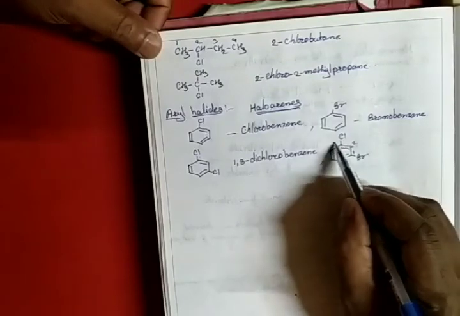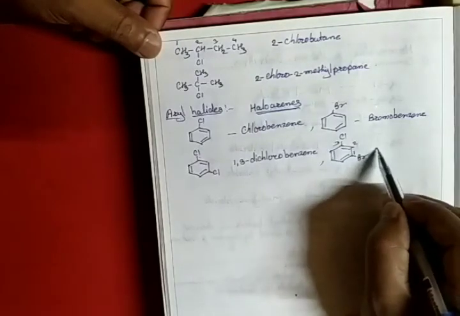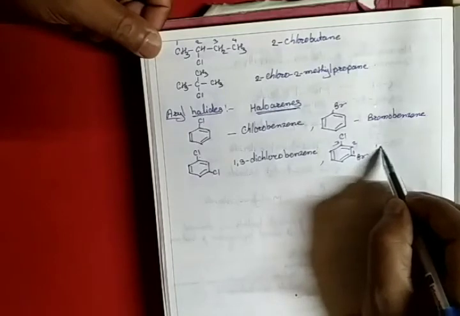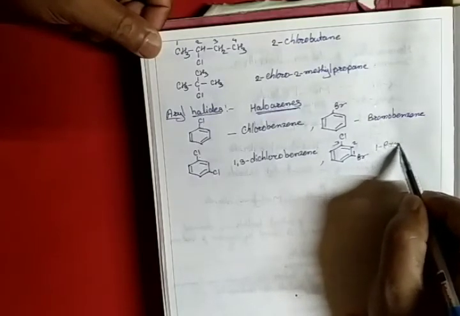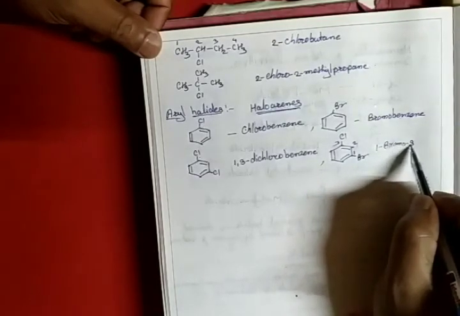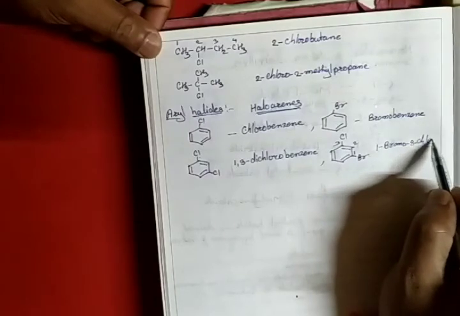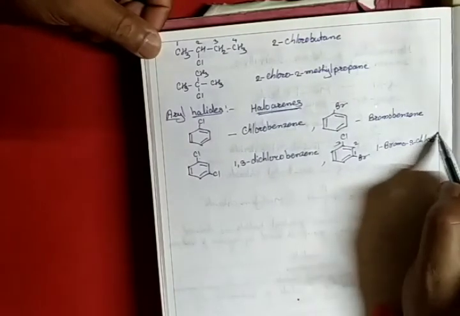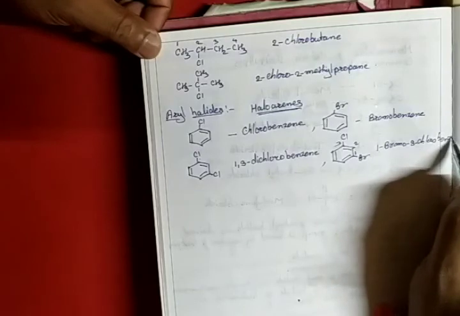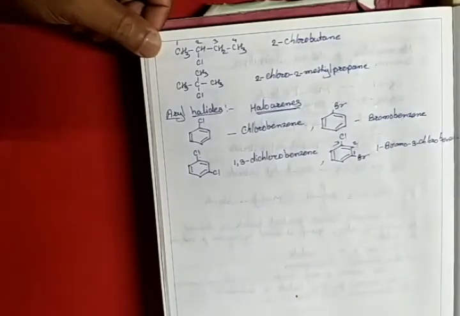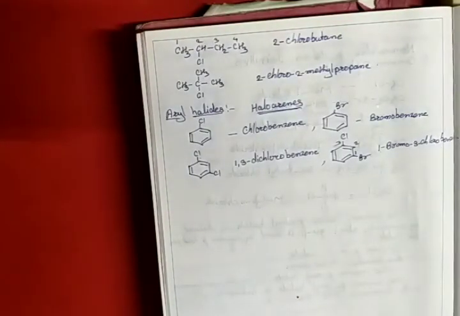This is 1, 2, 3. So we write first 1-bromo, 3-fluoro, benzene. Okay, so this is about the IUPAC nomenclature of aryl halides.